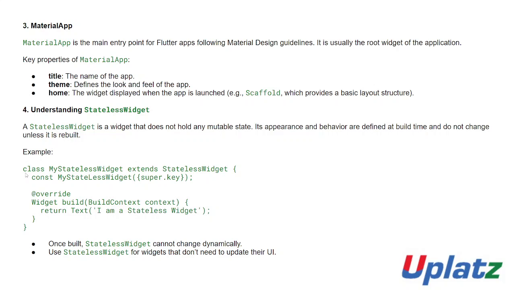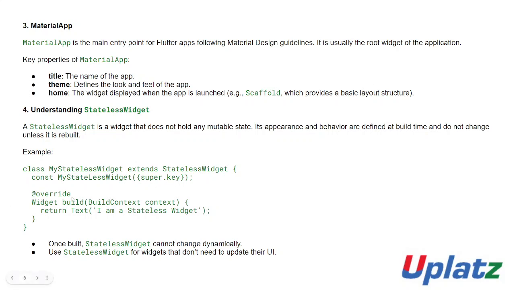Example: class myStatelessWidget extends StatelessWidget. Then within curly brackets, const myStatelessWidget, then within brackets, super.key. It sends a key value, that is super.key.